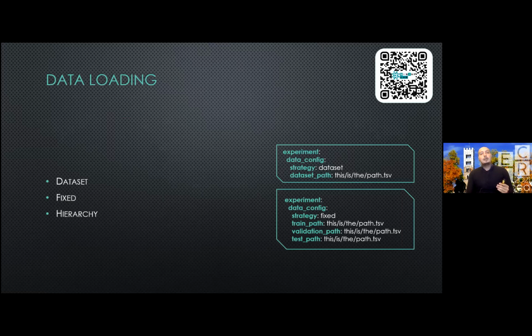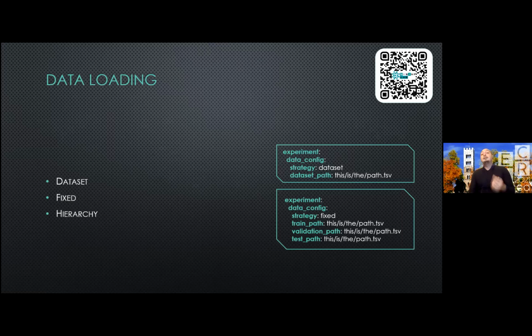So we'll go through a quick overview of these capabilities of the framework, just to give you the tools to play with these values. If we focus on the data loading, what we can see is that we provided 3 different kinds of data loading strategies.